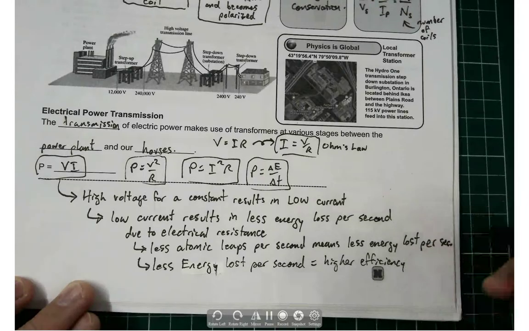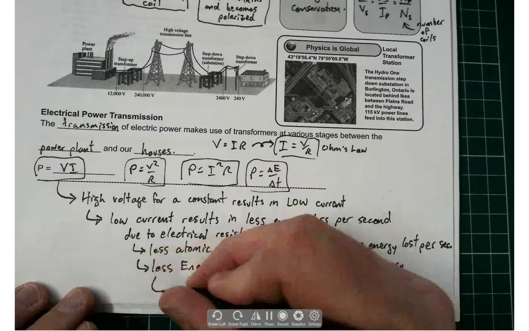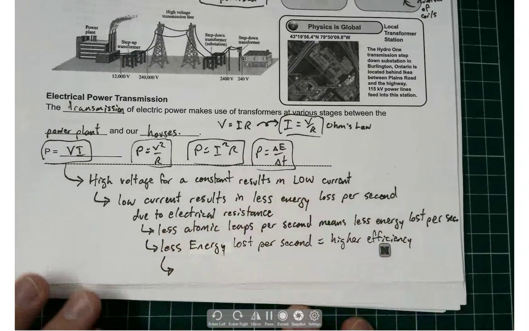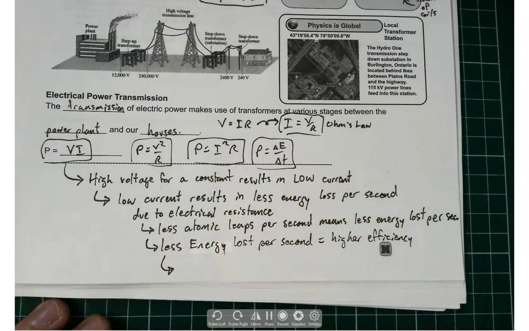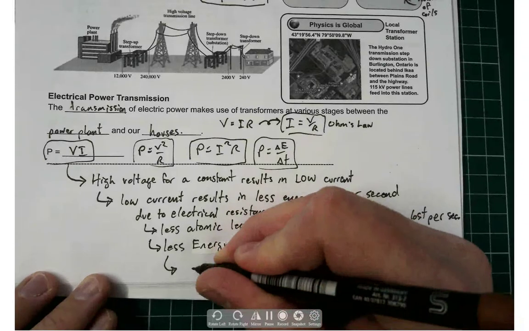This is just logicking it out, right? And I don't want to be too granular about this logic, but doesn't higher efficiency and therefore less energy loss mean less energy cost? Because we're wasting less, right? So higher efficiency leads to cheaper energy.